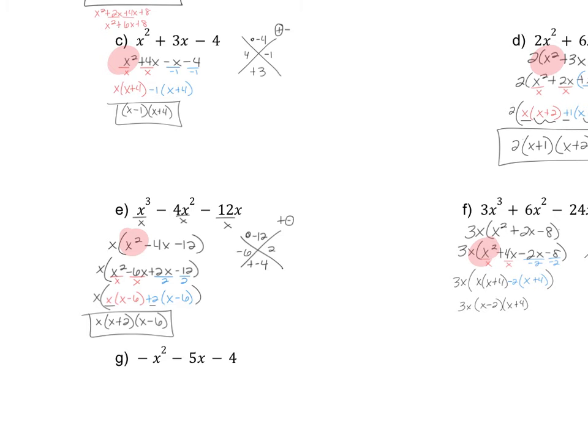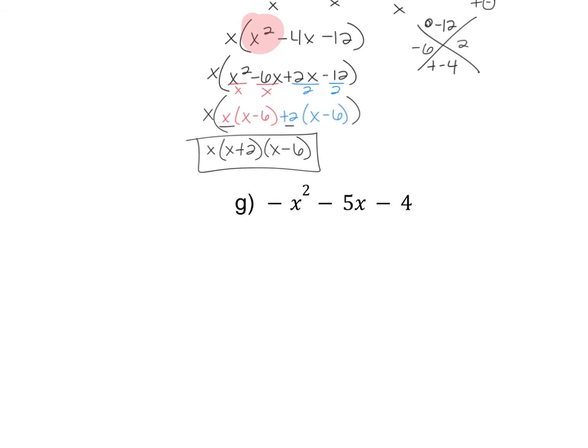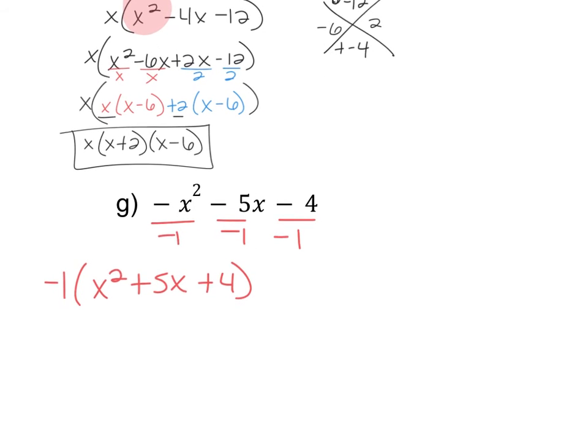So just know that is the easiest way to factor. So let's see, what can I do to get that negative off of there? Well, you could factor out a -1, right? So this would be -1 times x squared plus 5x plus 4, right?